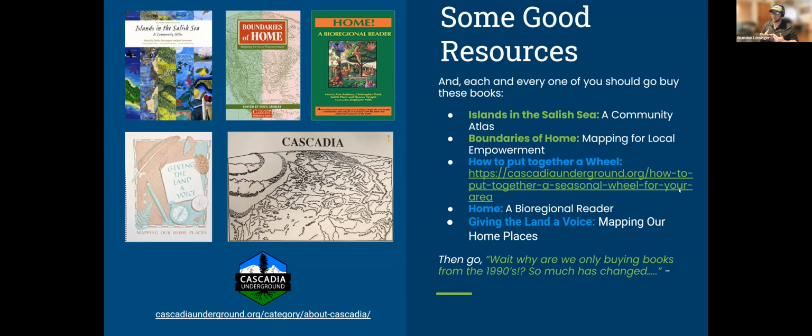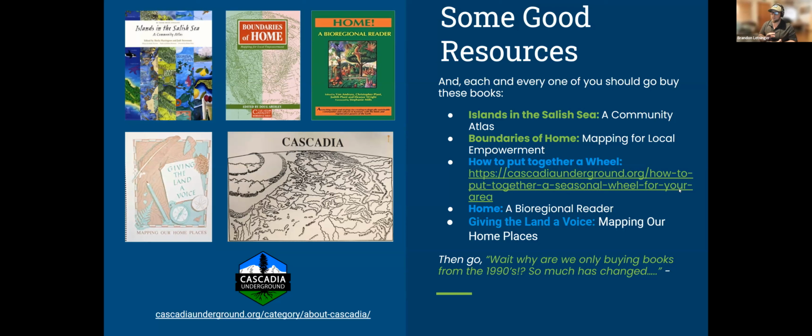We also had the opportunity to talk with Judith Plant and some of the people from New Society Publishers when we were up on Gabriola, and we're actually talking about republishing Home, a Bioregional Reader. I'd love to scan and make these available as PDFs again, because they are really hard to find online. So if you're interested in that, definitely let me know. You can find some of the things that we've documented and scanned on cascadiaunderground.org.